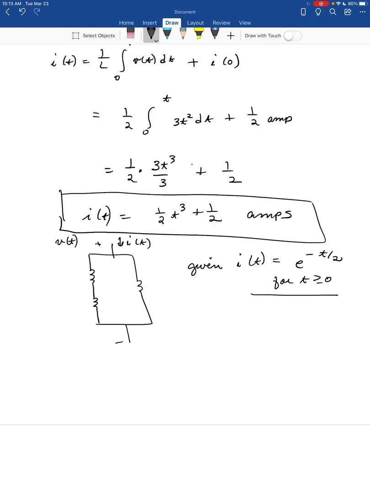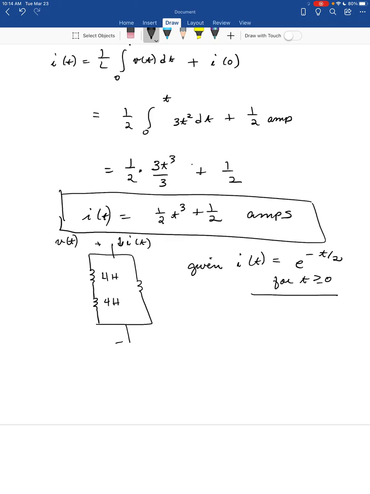Now I want to comment on this, because typically in inductor and capacitor problems, because you can have initial conditions and stored energy, currents and voltages that are given for inductors and capacitors are typically specified in the problem to be for t greater than or equal to 0, or for t greater than 0. You're going to see that throughout this discussion of inductors and capacitors, as well as inductors and capacitors in circuits.